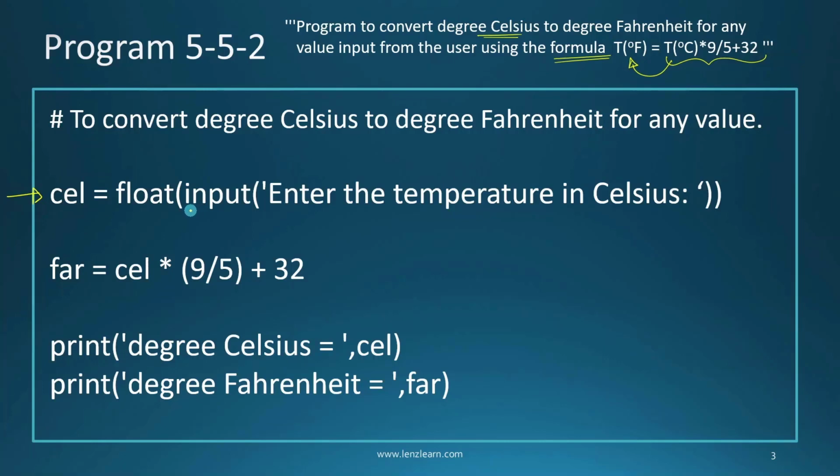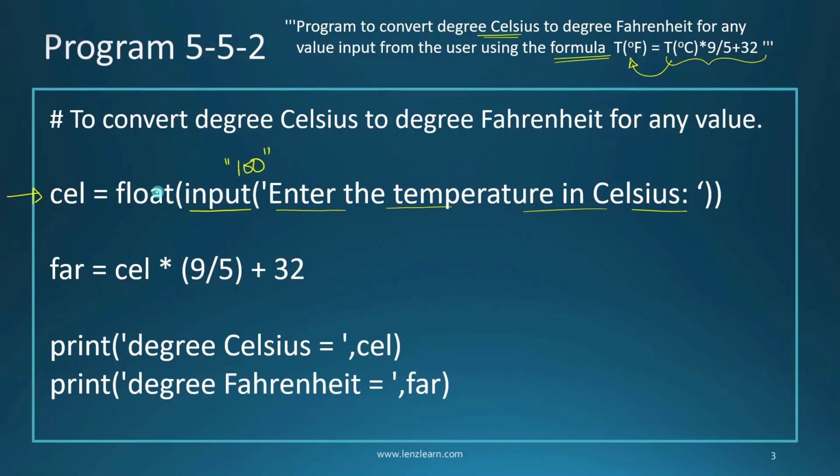Here we are calling the input function to first print, enter the temperature in Celsius, and then wait until the user enters a number on the keyboard. Now let's assume that the user entered 100. This 100 is accepted by the input function as a string.